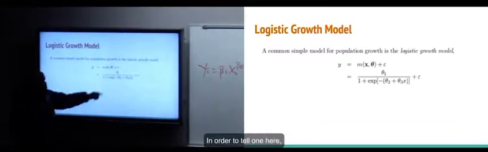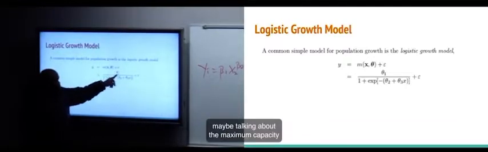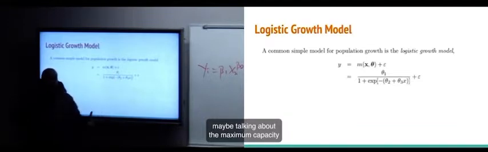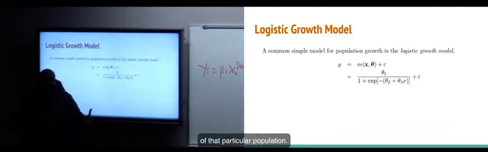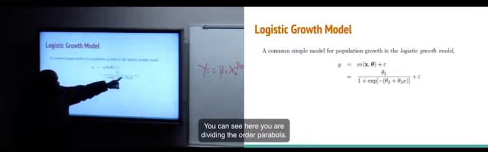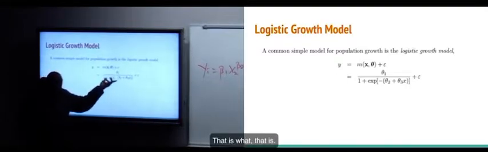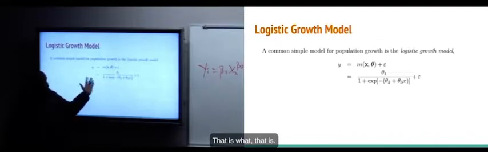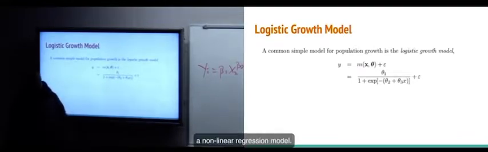The theta 1 here may be talking about the maximum capacity of that particular population. You can see here you are dividing by the other parameter. Look at that, theta 1 divided. That is a way to tell you that you are working with a nonlinear regression model.